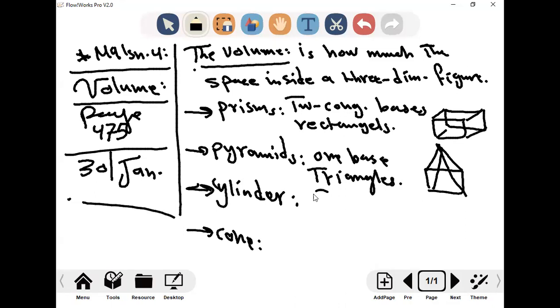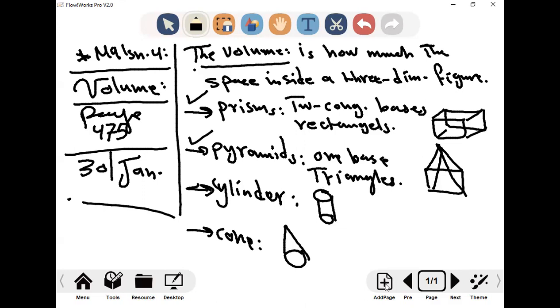The cylinder has 2 circles with a rectangle around, and the cone has 1 circle with a triangle around. Today we'll talk about prisms and pyramids.